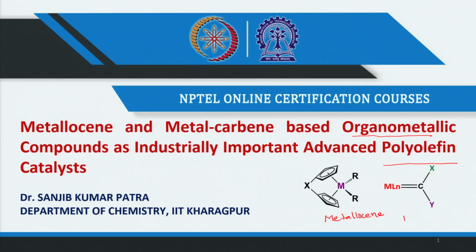And this is called the Metal-carbene. Here you see the carbene bond, like your ethylene, CH2 double bond CH2, here it is metal double bond carbon, and here is a category of sandwich compounds. We will discuss in depth in the following classes.